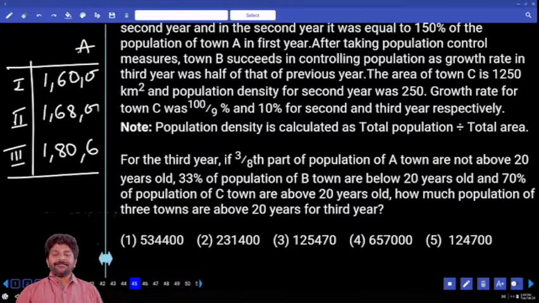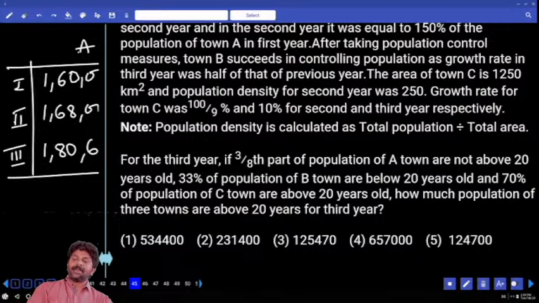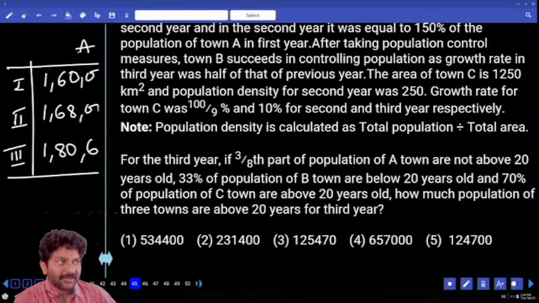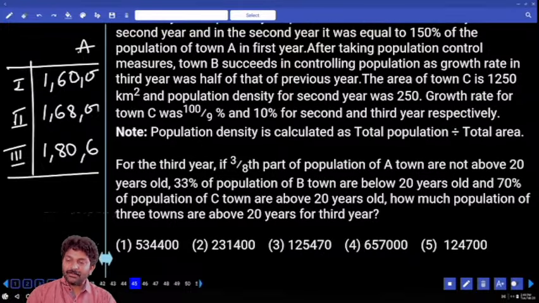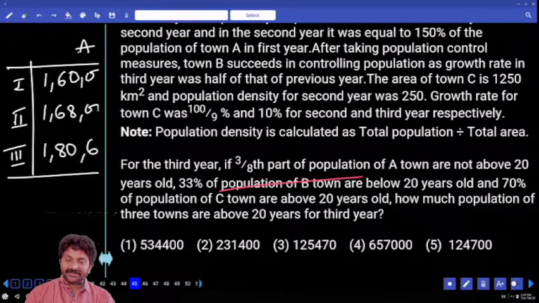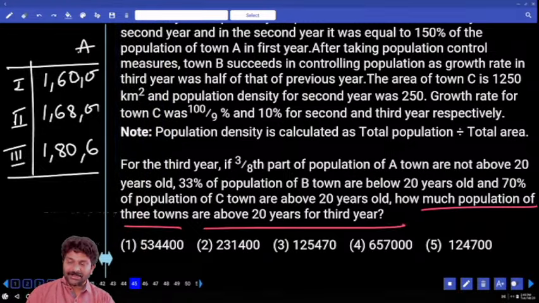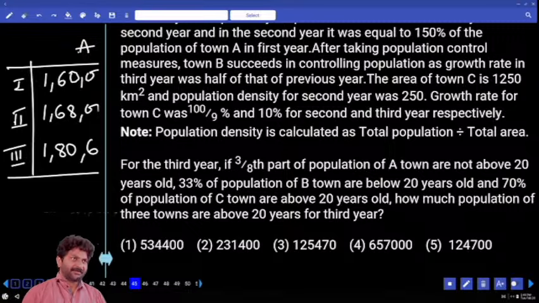For the third year, if 3/8 part of the population of town A are not above 20 years old, that means below 20 years only. 33% of the population of B town are below 20 years and 70% of the population of C are above 20 years old. How much population of 3 towns are above 20 years for the third year?